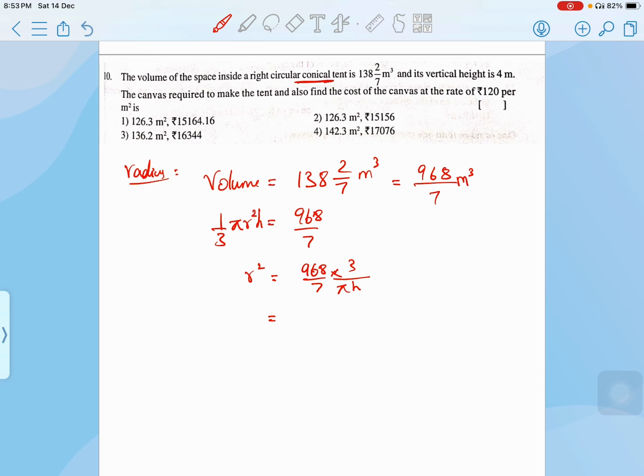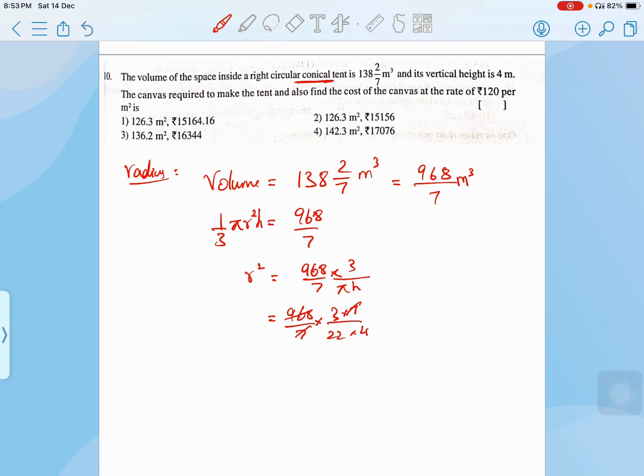So we can write 968 by 7 into 3, here pi is 22 by 7. The vertical height is given as 4 meters. So we can divide the respective terms. 7 and 7 get cancelled.